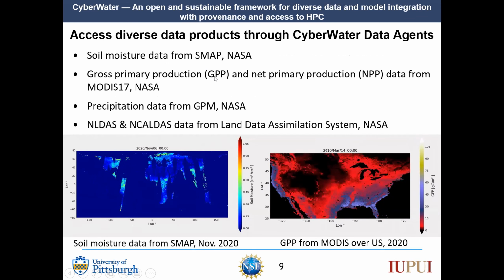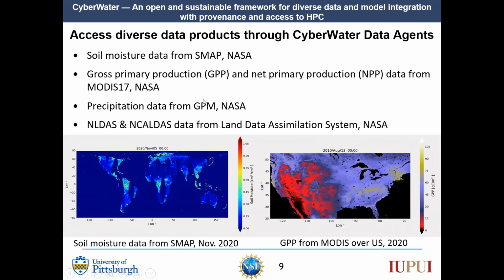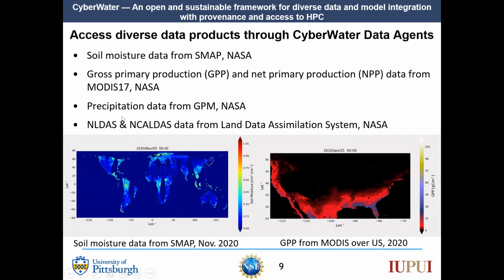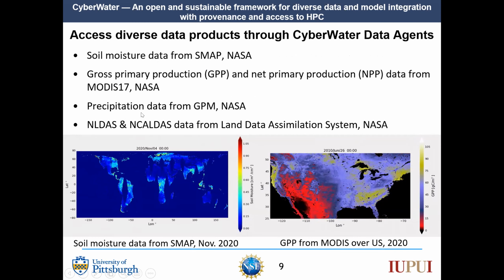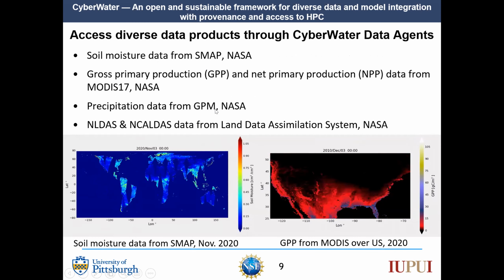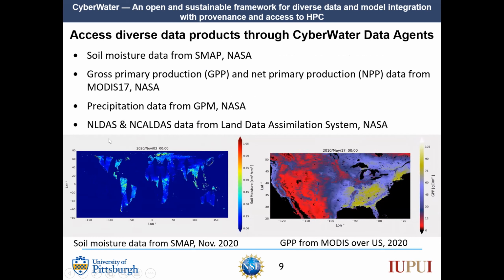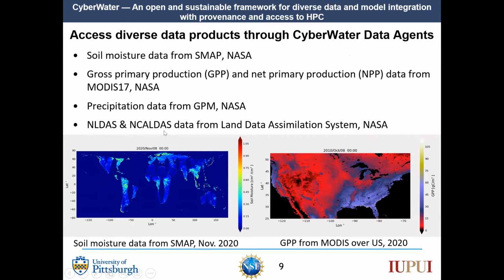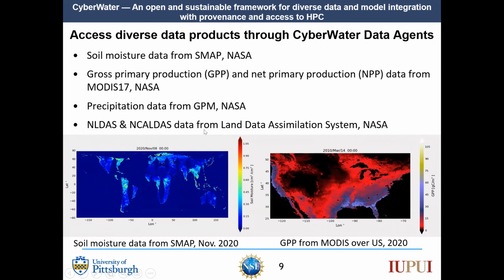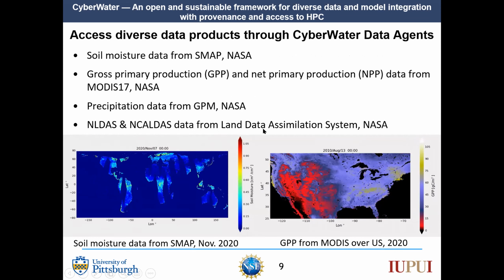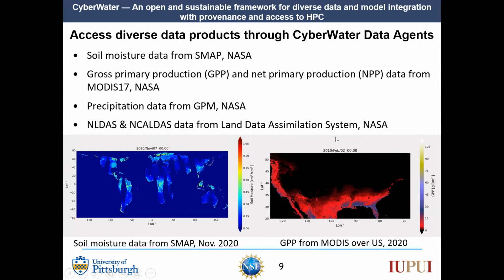We can access GPP and NPP data from MODIS satellite. We can access precipitation data provided by NASA GPM satellite mission. We can access NLDAS and NCALDAS data provided by NASA from the land data assimilation system.